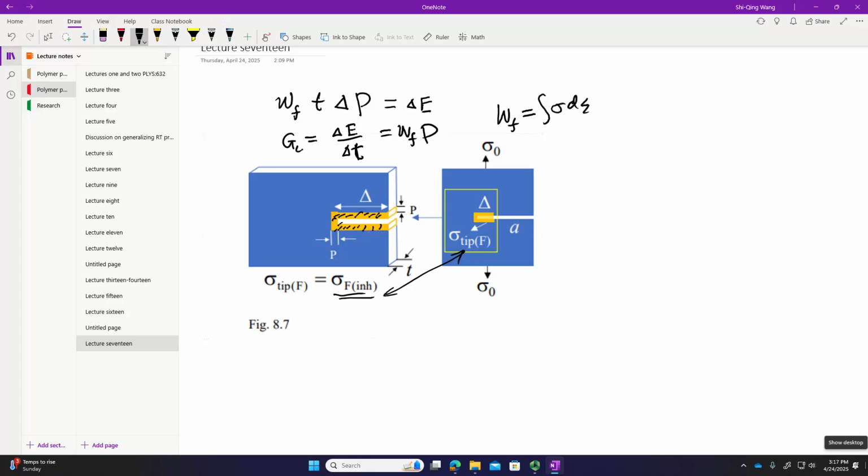Remember I showed you, it's nothing but 1/2 of sigma epsilon, and it's nothing but sigma squared over 2E, and often I don't even care about the 2, except this sigma F now is the fracture strength.